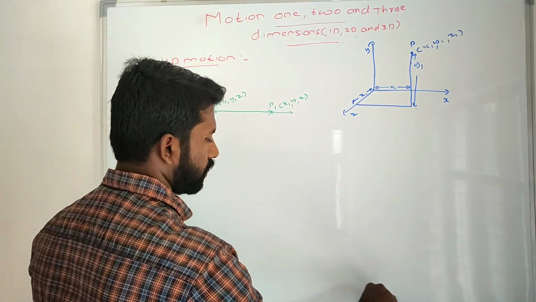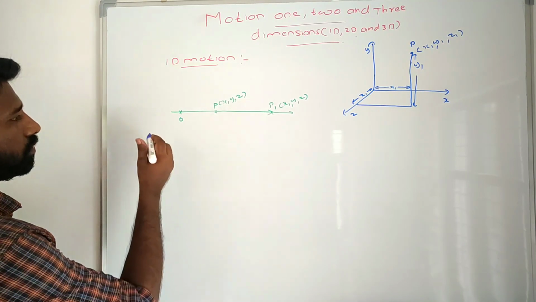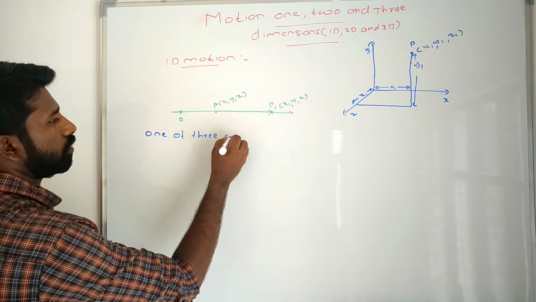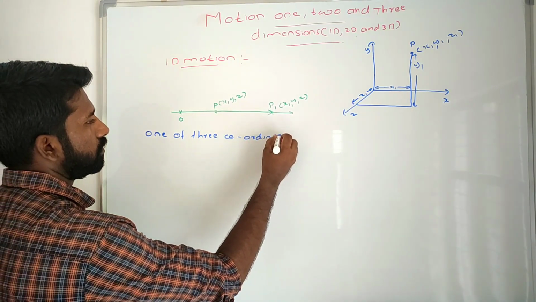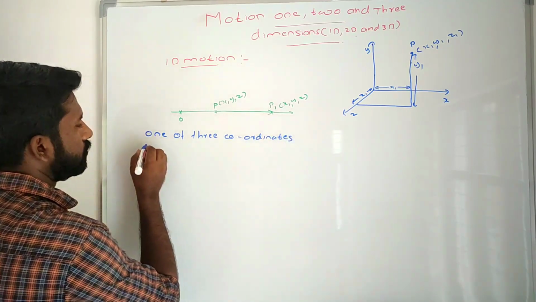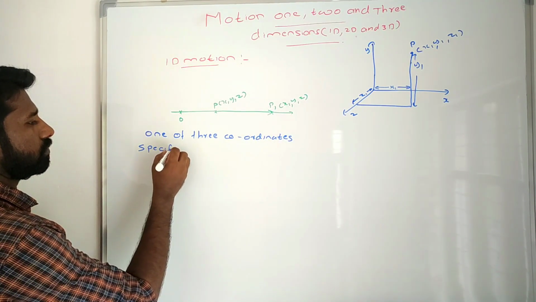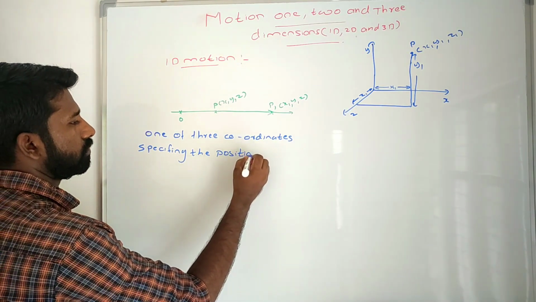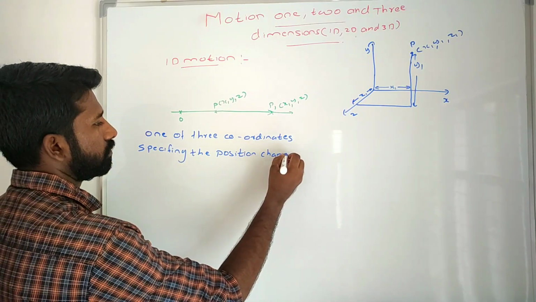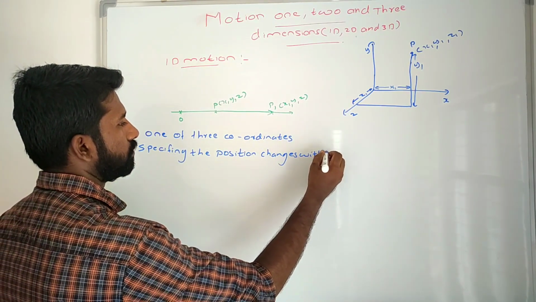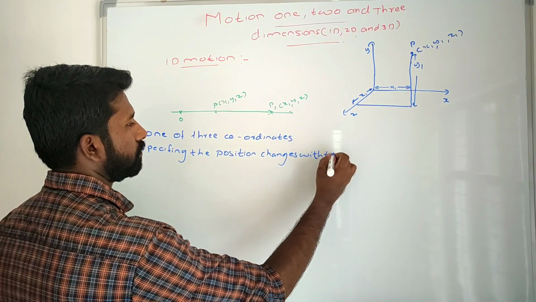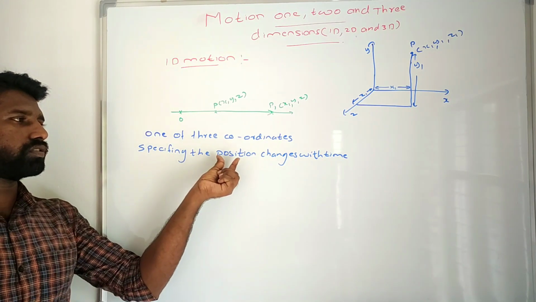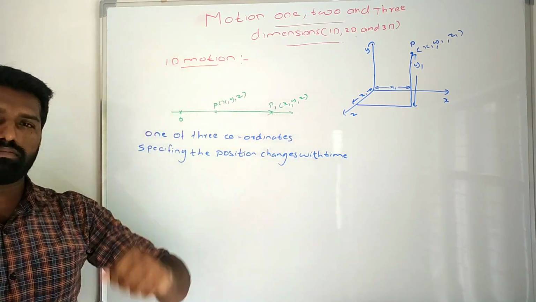So we can define the condition for 1 dimension motion. One of the 3 coordinates specifying the position changes with time.